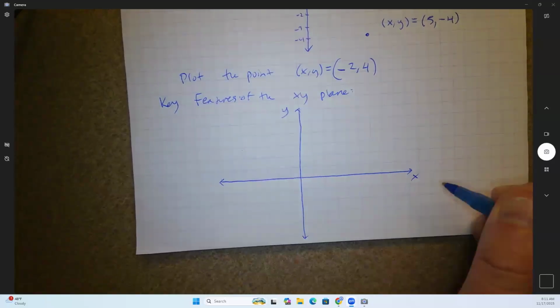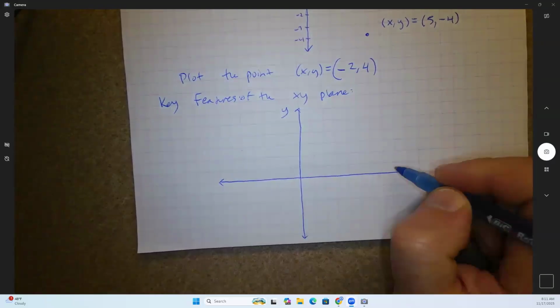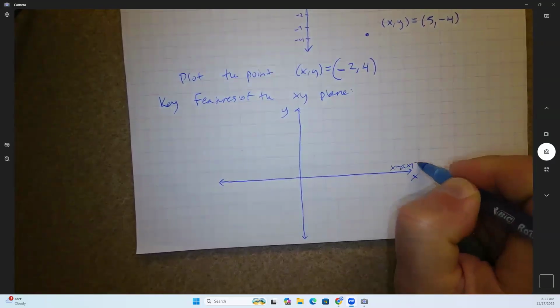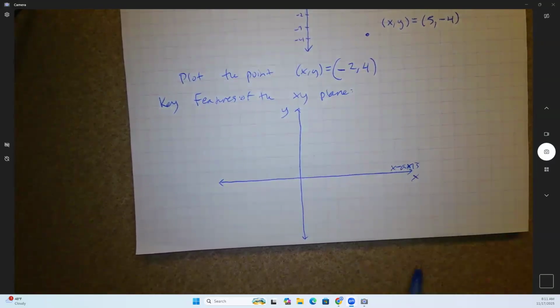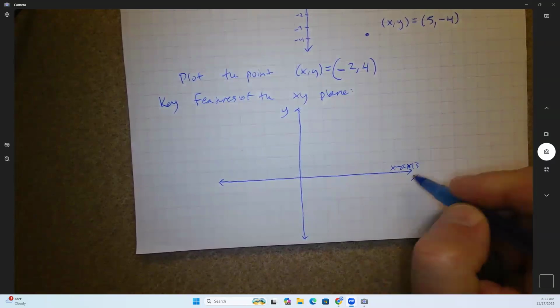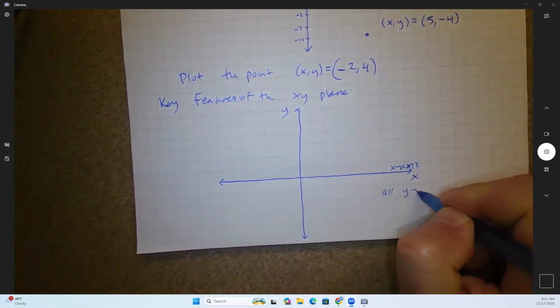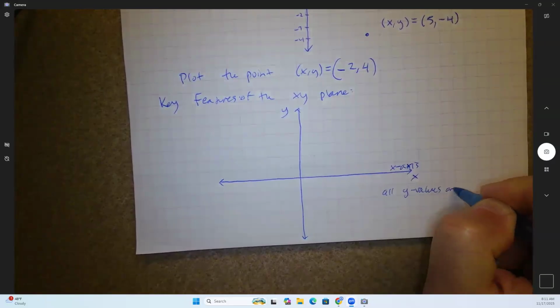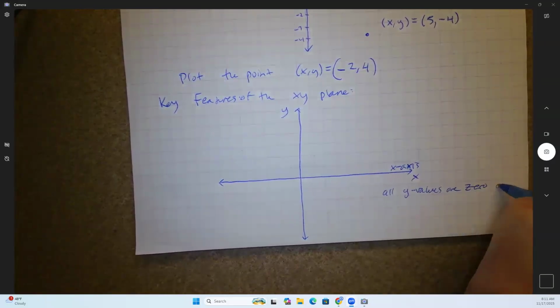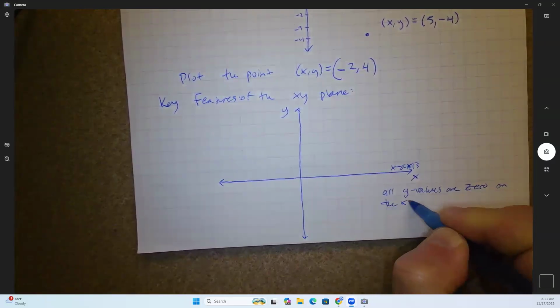Label these lines. So this horizontal line, that's called the x-axis. And the key thing about the x-axis is all y values are 0 on the x-axis.